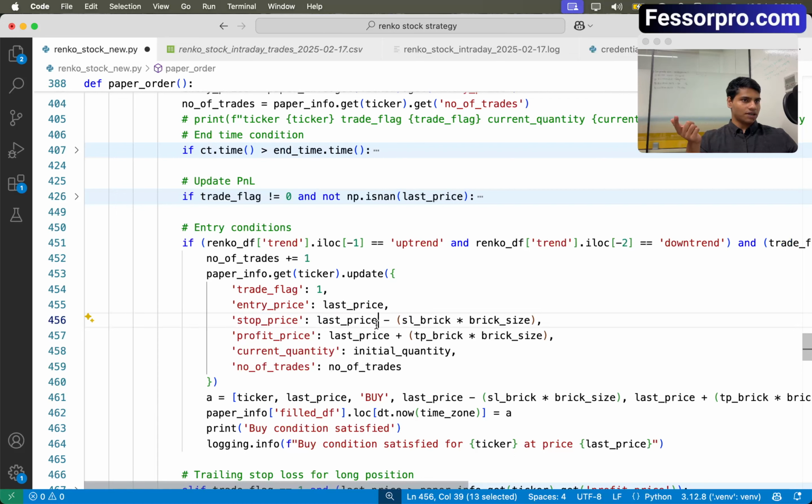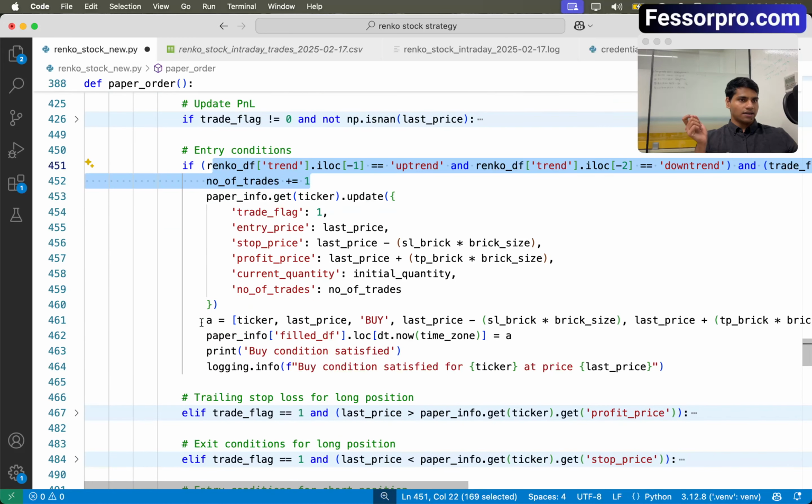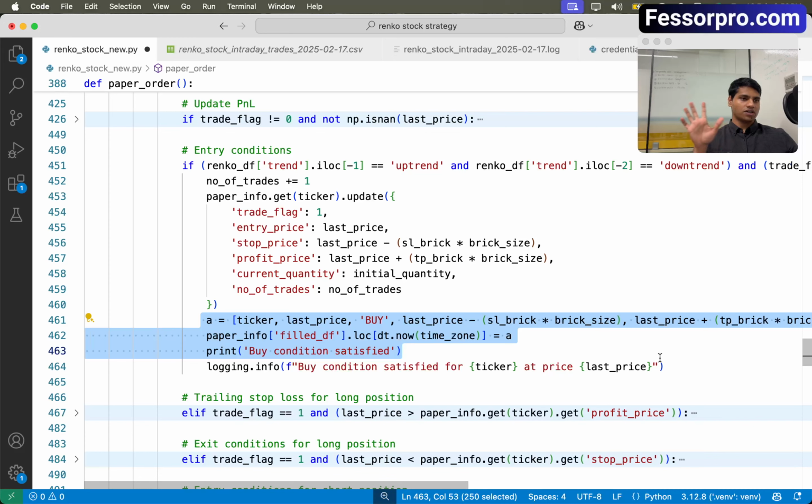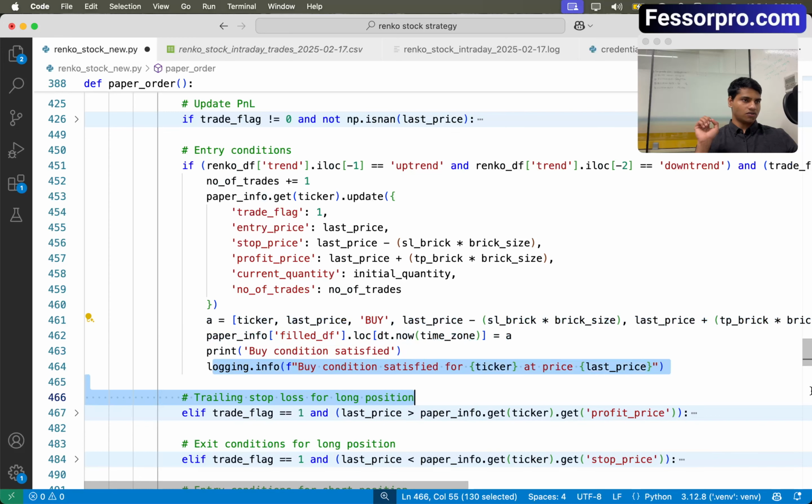Stop price is nothing but last price minus the SL brick into brick size. Then profit is also the same: last price plus take profit brick into brick size. Current quantity is equal to initial quantity and number of trades is equal to 1. Right. And then I'll save all this information into the CSV file and I'll log this into the log file.